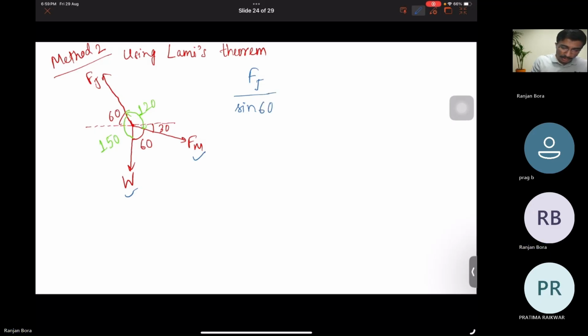So Fj divided by sine 60 degree equals Fm divided by sine of the angle between Fj and W, 150 degrees, equals W divided by sine of the angle between Fj and Fm, which is 120. So it is sine 120.